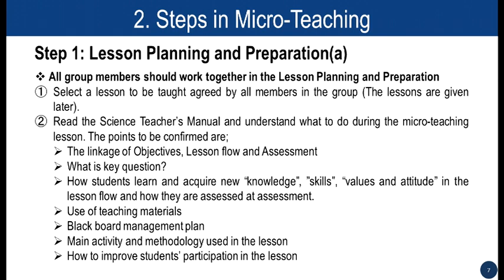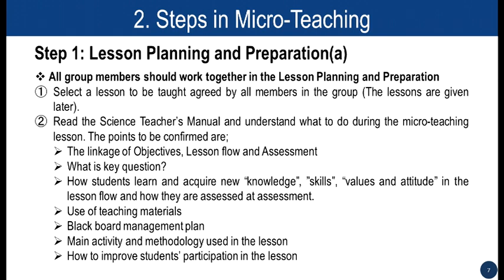The points to be confirmed are: point 1, linkage of objectives, lesson flow and assessment. Point 2, what is the key question? Point 3, how students learn and acquire new knowledge, skills, values, and attitudes in the lesson flow, and how they are assessed at the assessment.